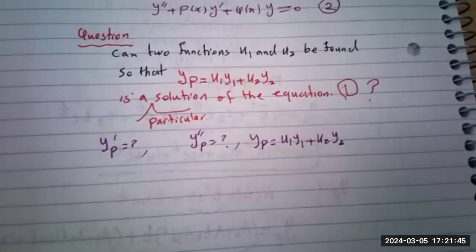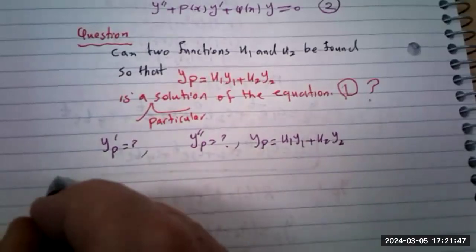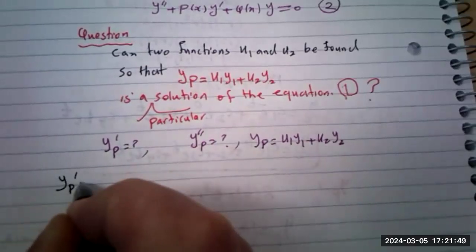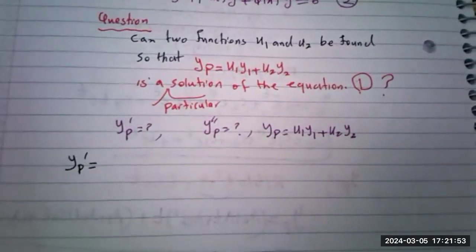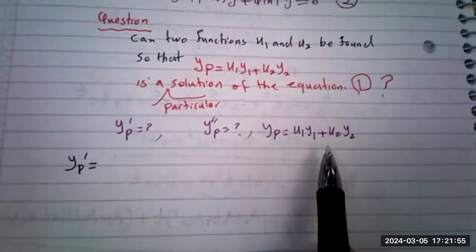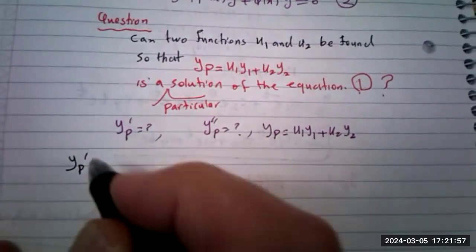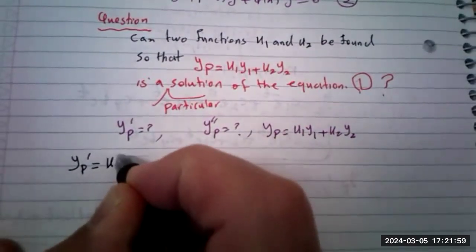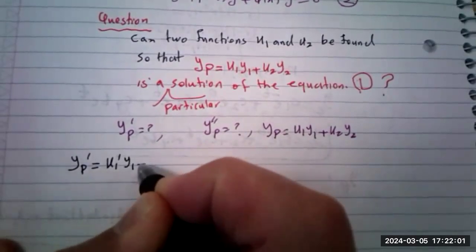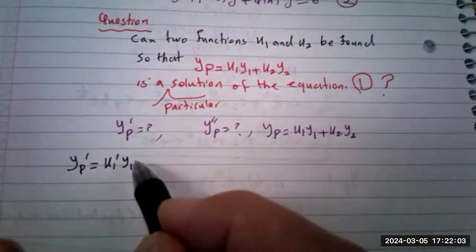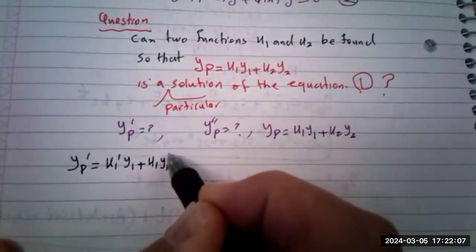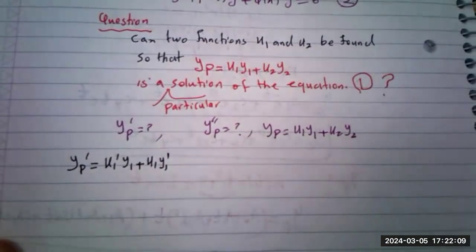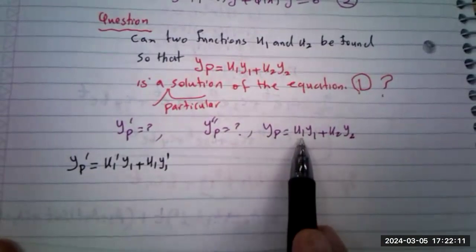Differentiate. What is yp prime equal to? Product rule all over the place. The first one, you have the first, second, first. So it's going to be u1 prime times y1 plus the second times first, u1 y1 prime. That's the first part.